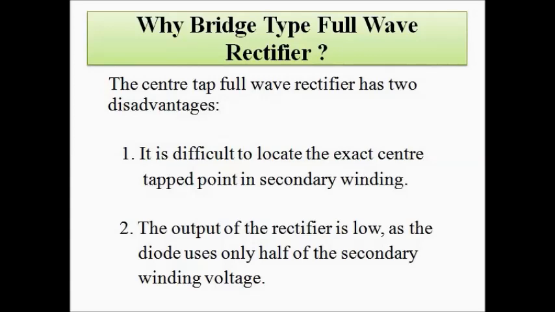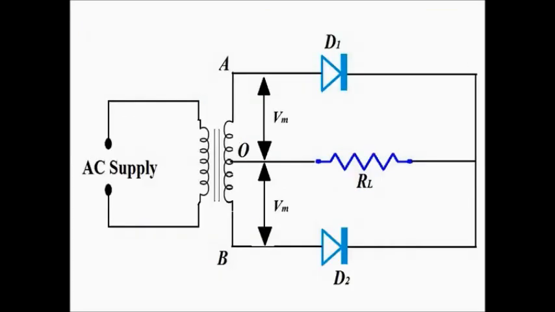Exact point means the middle point in the secondary winding across which the load resistance is connected. So this is the center tap full wave rectifier. The location of this middle point O is very difficult. For that reason the center tap rectifier is very rarely used these days. The bridge type full wave rectifier is more commonly used.